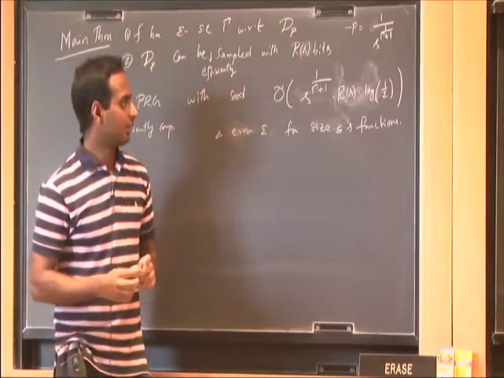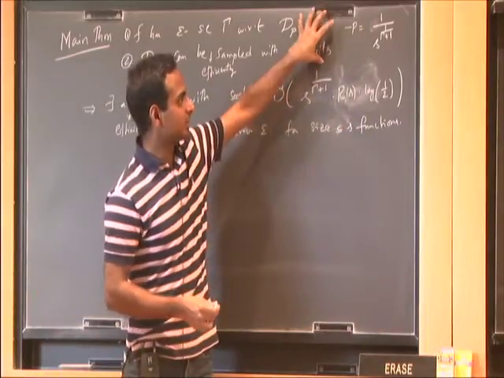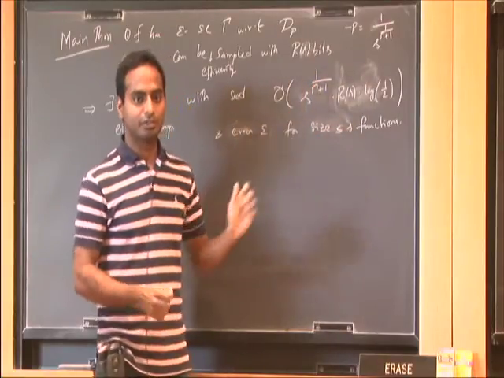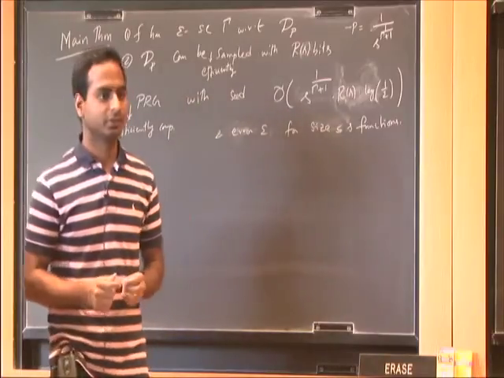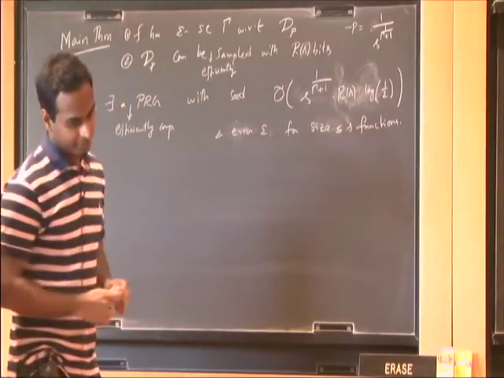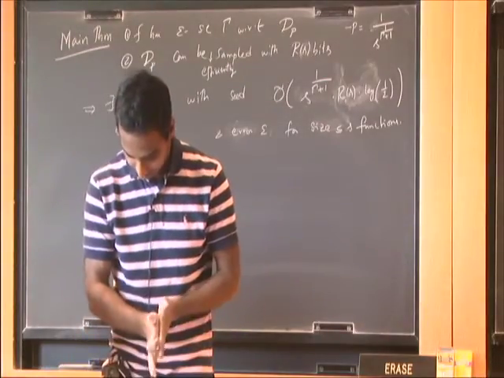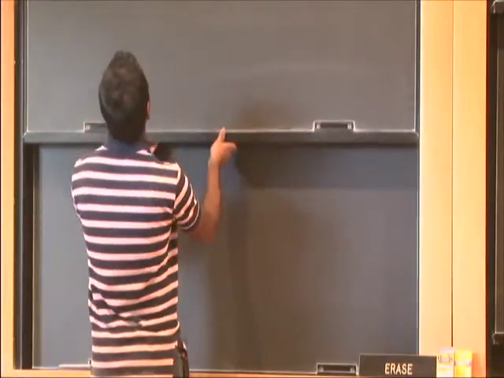As long as you have these assumptions, you get a seed length of basically s to the 1 over gamma plus 1 to fool size s functions in your class. Okay, and so let's prove this theorem. Let me push that.